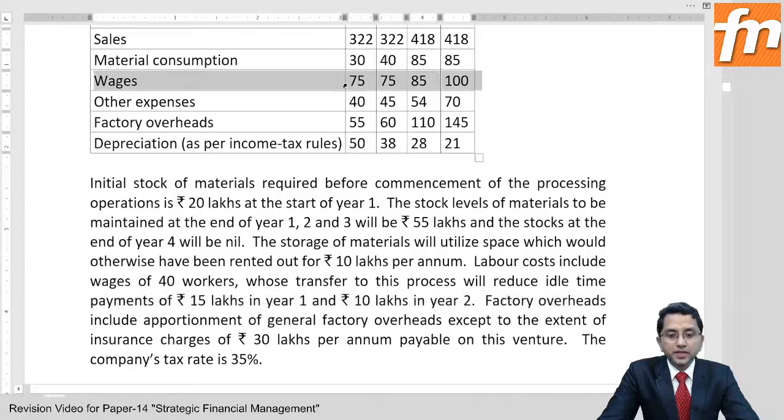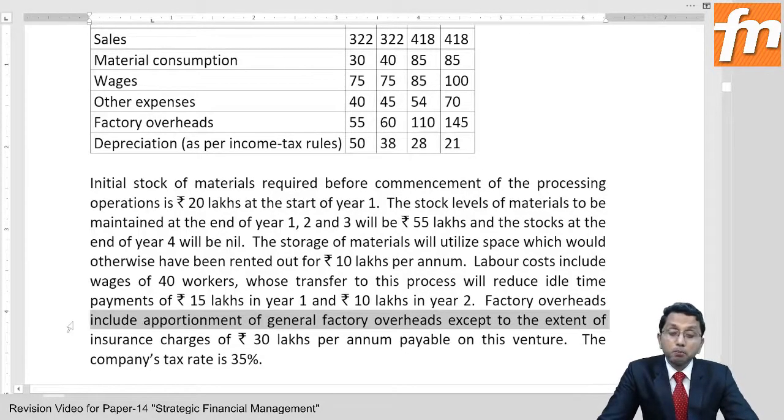So out of this 75 lakh, 15 lakh is payable otherwise even if you don't accept the proposal. So additional cash flow is just 60 lakh. And out of this 75 lakh, 10 lakh is payable as idle time wages even if you reject the proposal. So just 65 lakh is wages. This will become 60 and this will become 65.